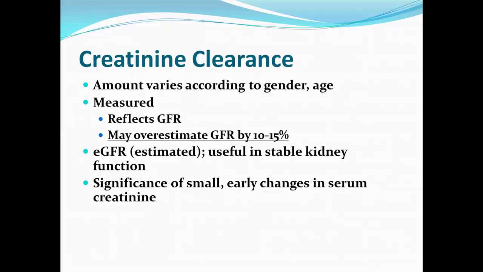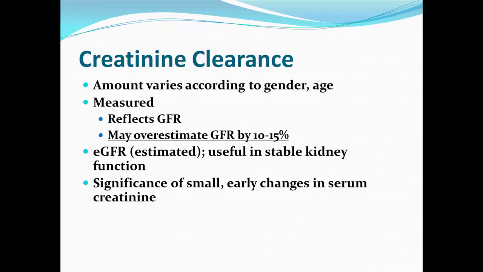And the amount of creatinine varies by gender and by age. When we measure the creatinine clearance, we're actually measuring a reflection of the glomerular filtration rate. Now, it's not perfect because remember, this is a functional parameter.